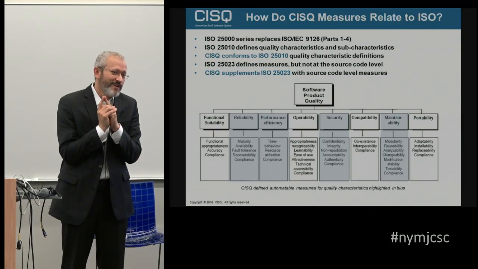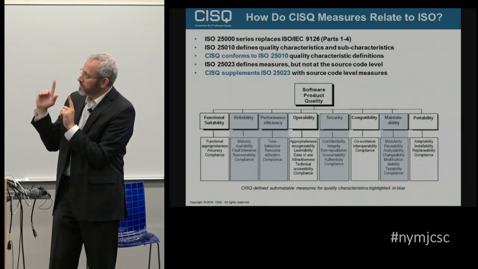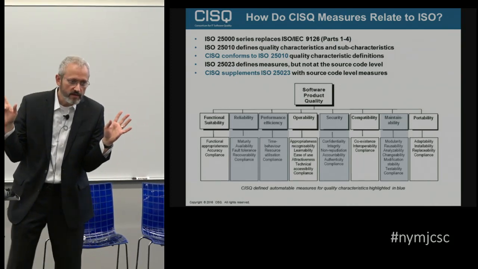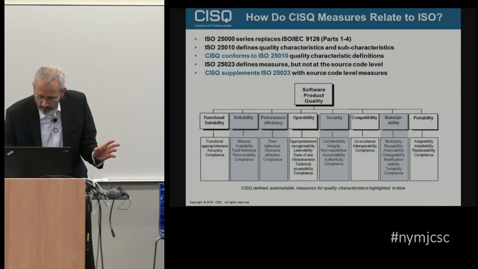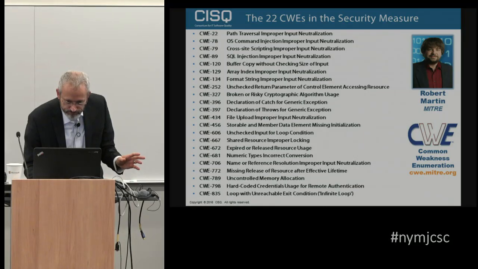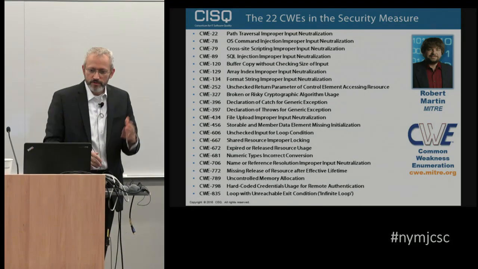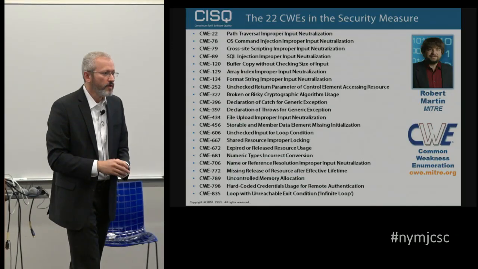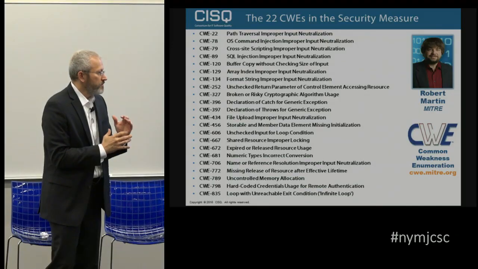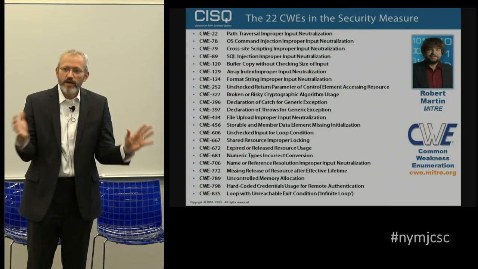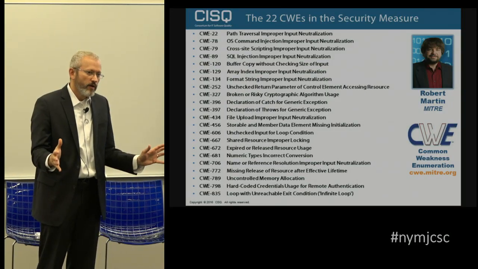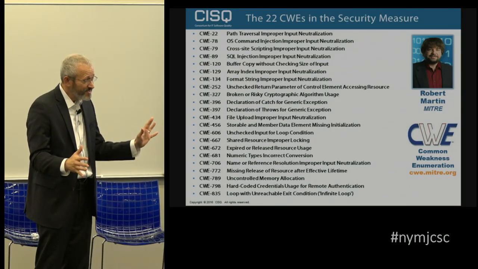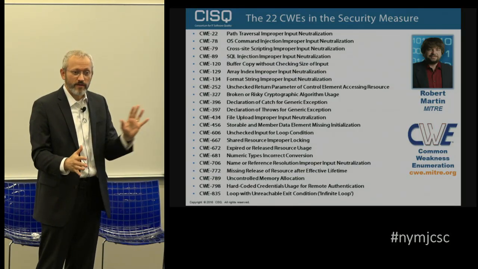And so one of the ways that Bill is proposing now to turn that into a metric is a sigma metric. Because for any of these rules, let's say improper input neutralization, CWE 79, cross-site scripting, for any given application that you look at, you're going to have X number of opportunities to either get that right or get that wrong.